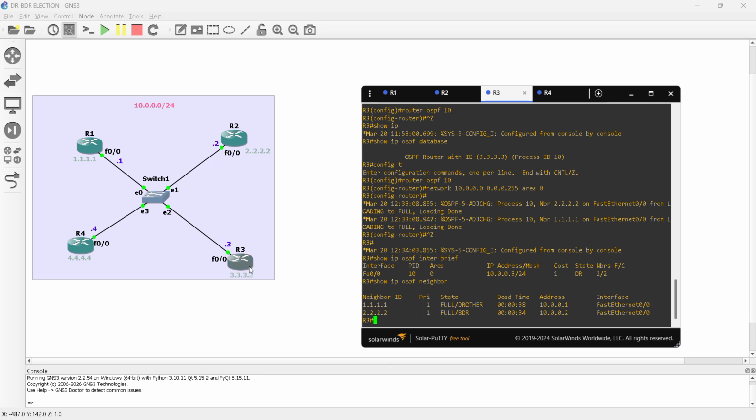As R3 is the designated router, only R3 will generate type 2 LSA, and everyone, R1, R2 and R3, will generate type 1 LSA. In total there will be 3 type 1 LSAs and 1 type 2 LSA generated by R3. Let's see. And throughout they will be fully synchronized.